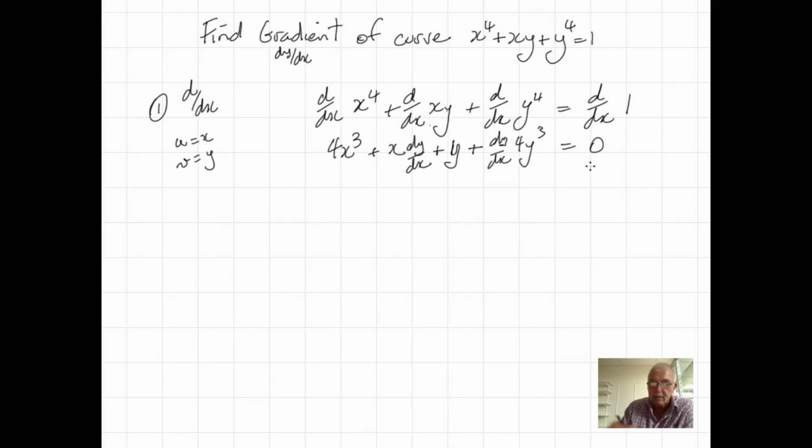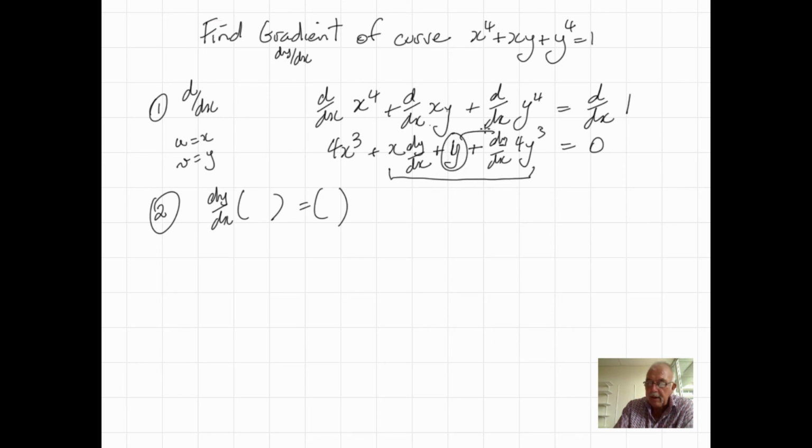The second step is to get all the dy/dx's on one side and everything else on the other side. So first of all, we've got to get these two terms here together on the left. Not that one in the middle there.